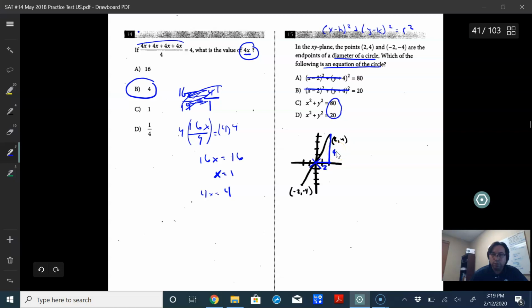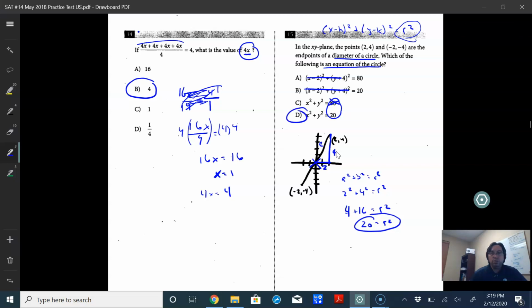So the Pythagorean theorem, a squared plus b squared equals c squared, gives us 2 squared plus 4 squared equals r squared, which is what we're looking for. So 2 squared is 4, plus 16 equals r squared, which is 20 equals r squared. And there is our value, not C. D is the answer choice on this one.